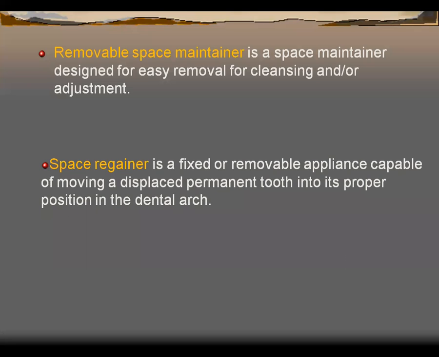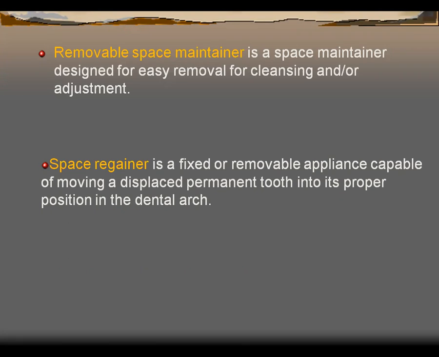The last part is space regainer. A space regainer is a fixed or removable appliance capable of moving a displaced permanent tooth into its proper position in the dental arch. So the space which has been lost due to not giving treatment for the loss of a deciduous tooth may be lost due to mesial migration or distal migration of the adjacent teeth into the space.